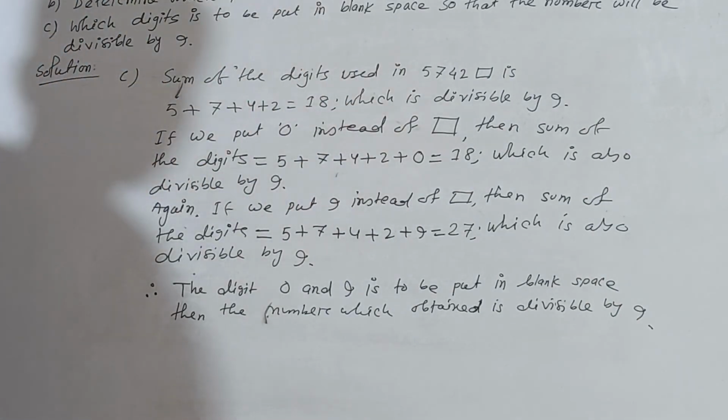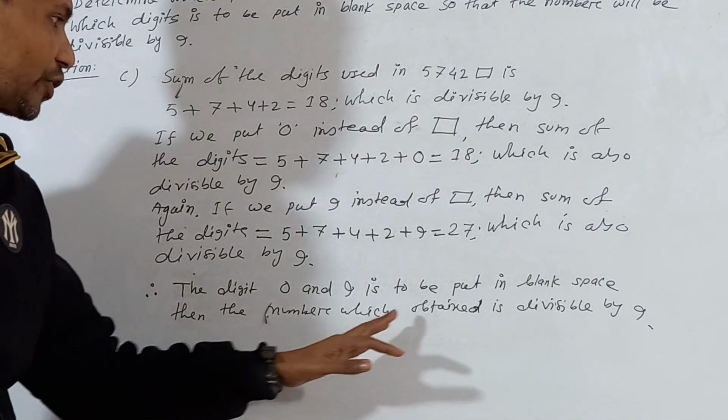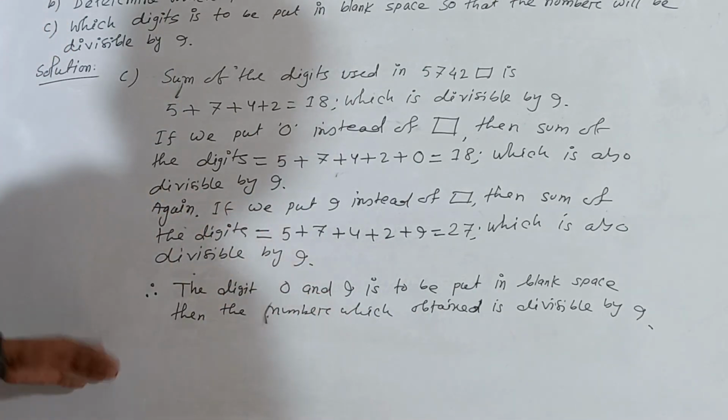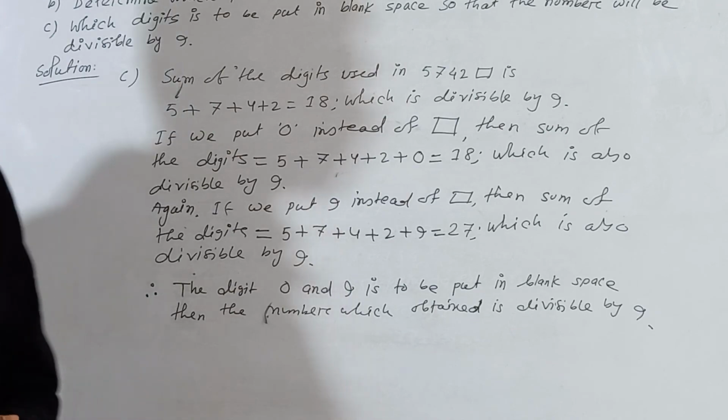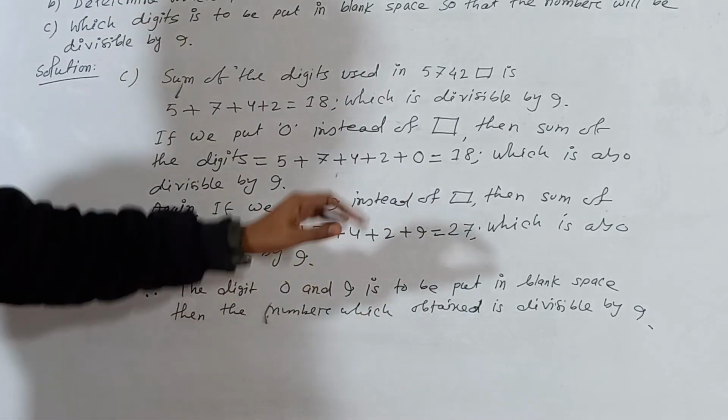Okay student, look, the digits 0 and 9 are to be put in the blank space, then the number which is obtained is divisible by 9. Okay student, and this is our required answer.